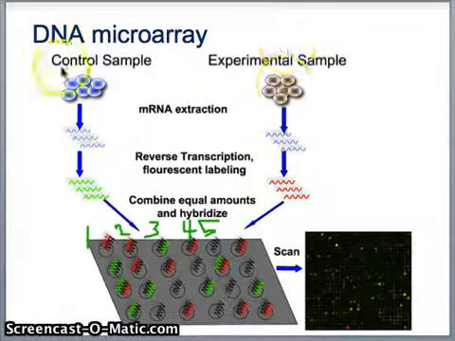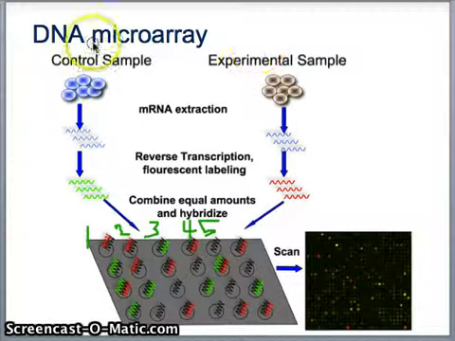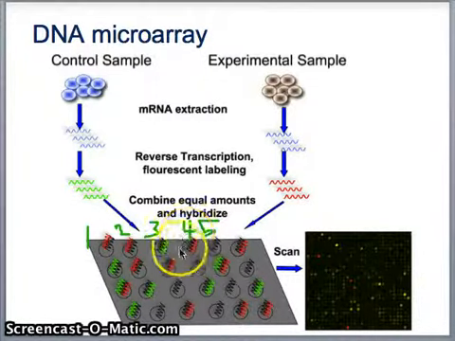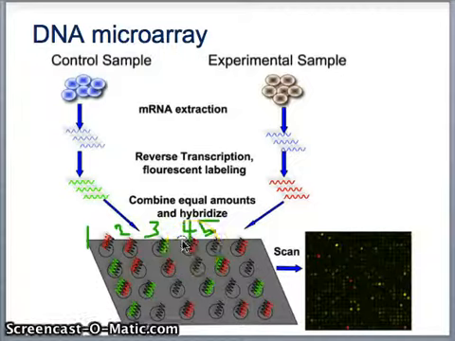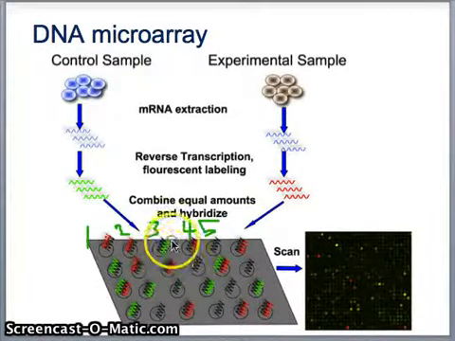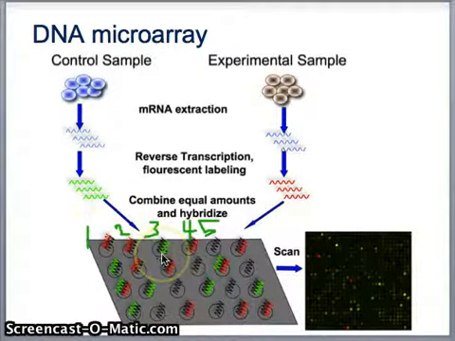So if this wasn't cancer and regular cells, let's just say this is a nerve cell and this is a skin cell, this would probably be a gene that is only in a nerve cell, like something to make the sodium pump. This one is only in the green cell, because there's only the green attached to it.